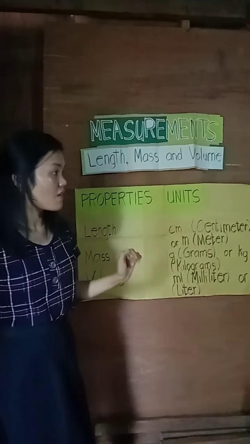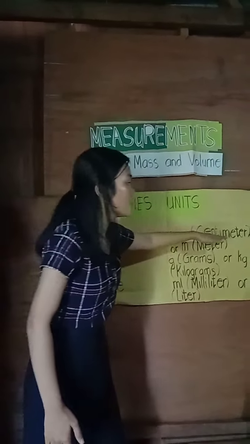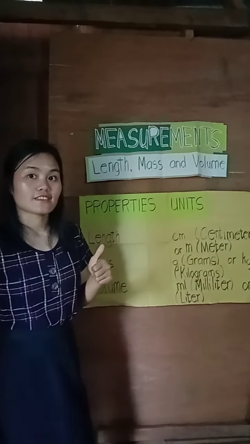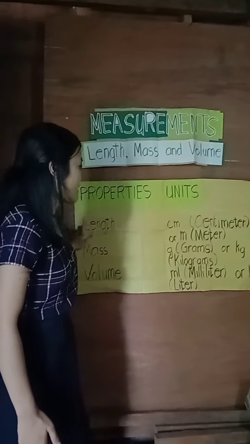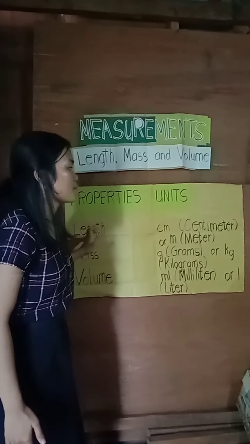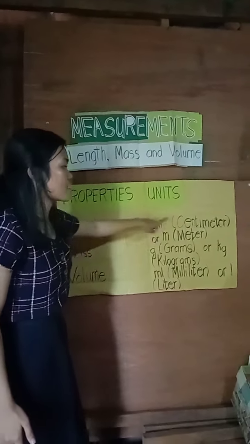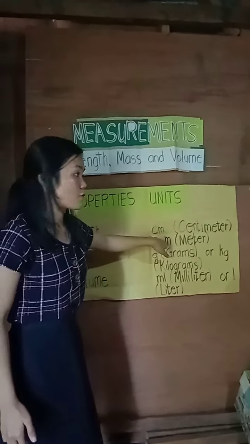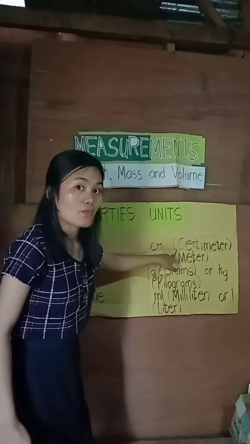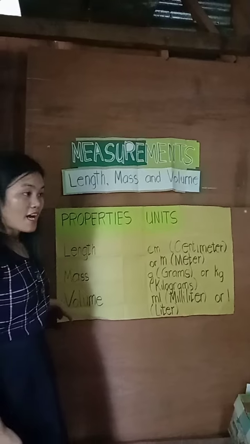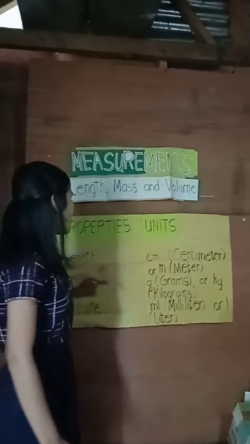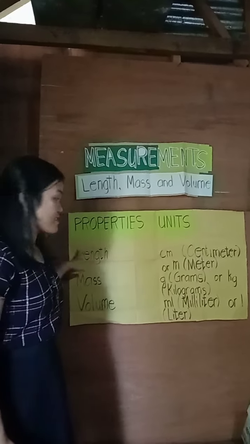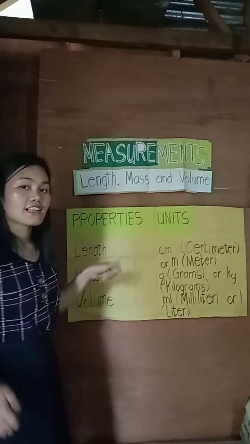But when I say 1 centimeter and you write it out in full, that is also correct. So you have to be familiar. When you're measuring length, the units to be used are centimeter and meter. You cannot use meter when you're measuring volume, and you cannot use grams or kilograms when you're measuring length, because that is for mass. Is everything clear?